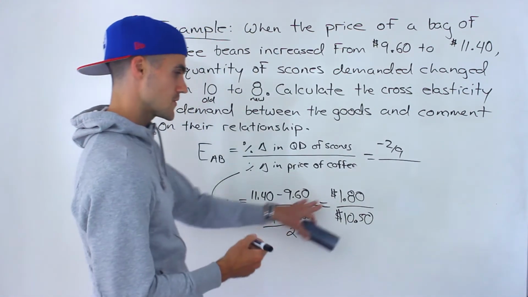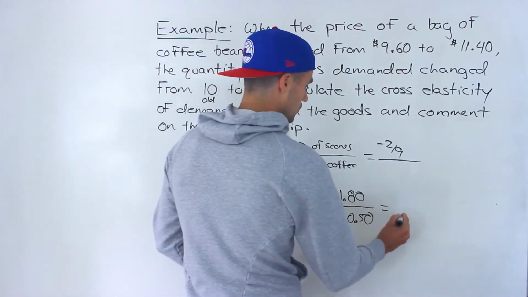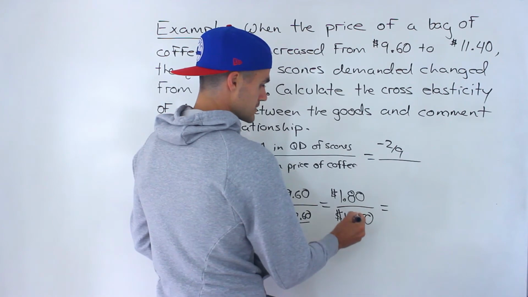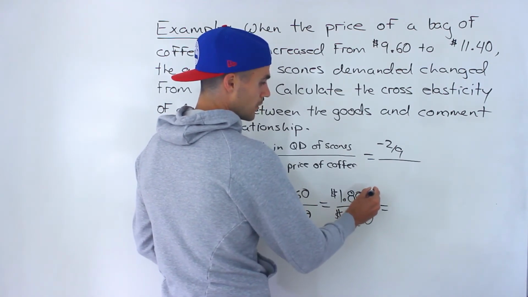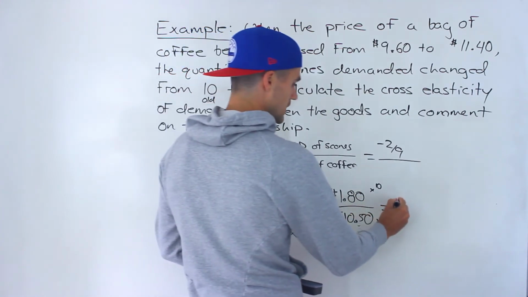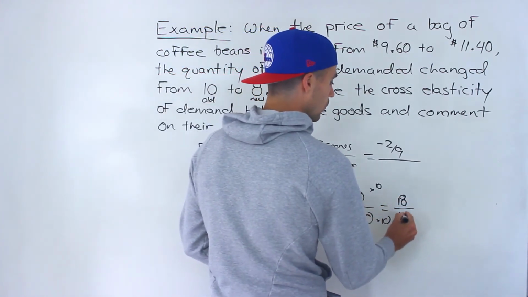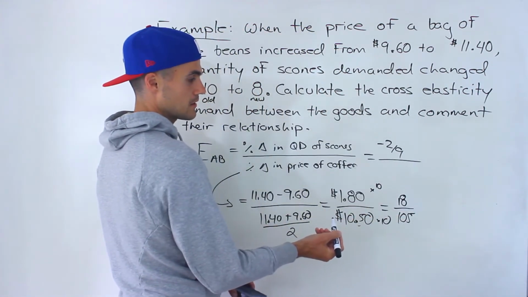Over here, notice we have decimals within a fraction, which isn't the best format. So what we can do is move the decimal place over for both of these. It's like we'd multiply this by 10 and this by 10. It would keep that fraction the same. So we'd have 18 over 105. This and this are the exact same thing.